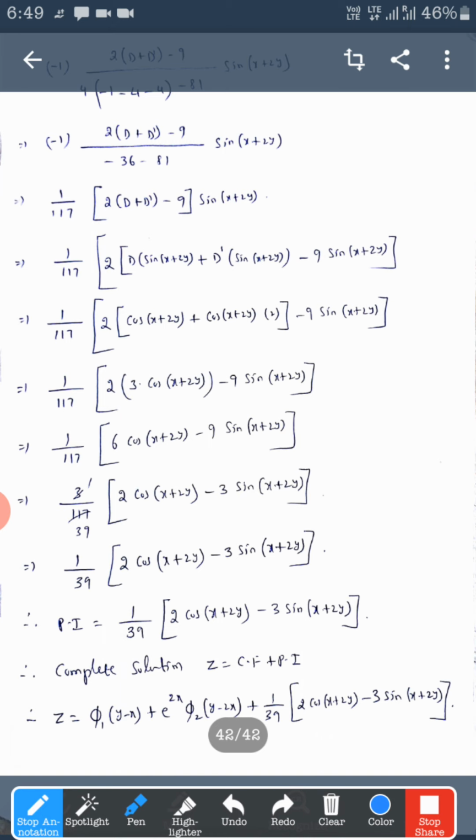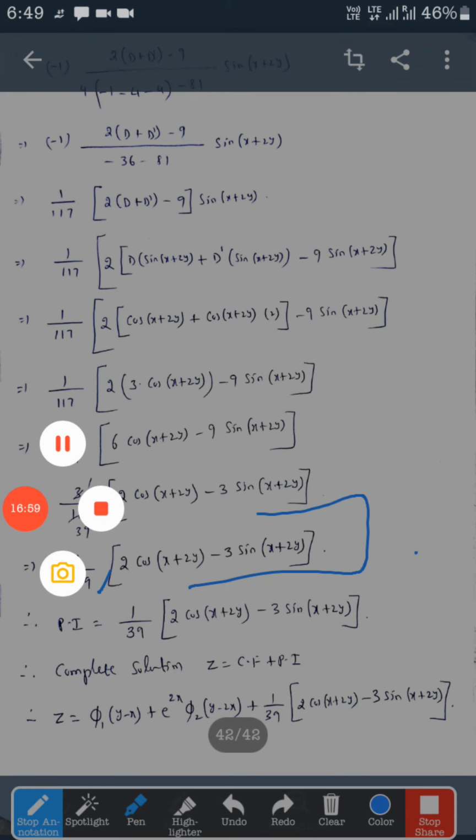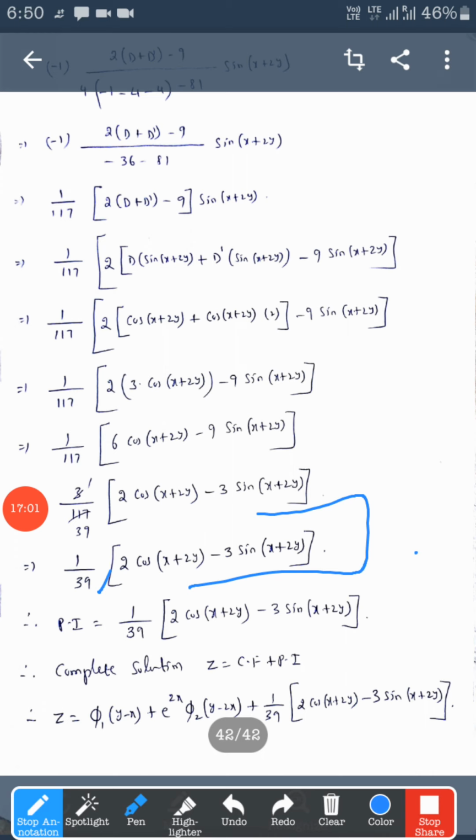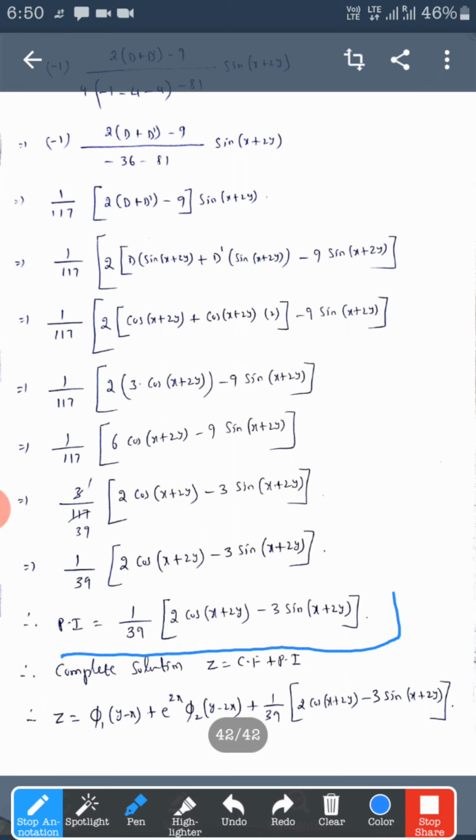After multiplying this, if we take 3 common, 3 by 117 into 2 cos of x plus 2y minus 3 into sin of x plus 2y. Therefore, after simplification, 1 by 39 into 2 of cos of x plus 2y minus 3 into sin of x plus 2y. This is the PI. For the complete solution, we write the complete solution as CF plus PI.